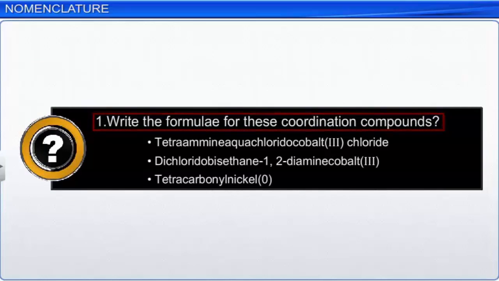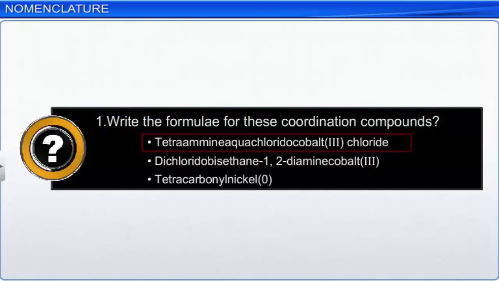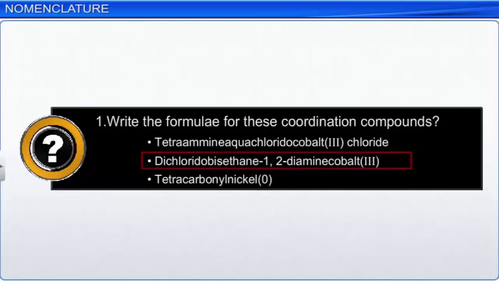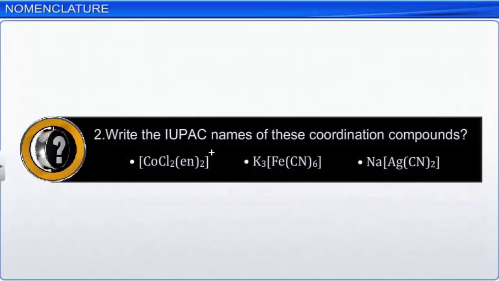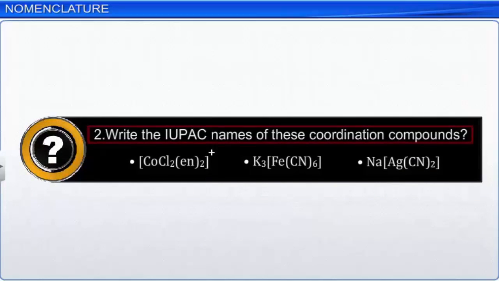Tetraammine aqua chloridocobalt(III) chloride. Dichlorido bis(ethane-1,2-diamine)cobalt(III). Tetracarbonylnickel(0). Question 2. Write the IUPAC names of these coordination compounds.